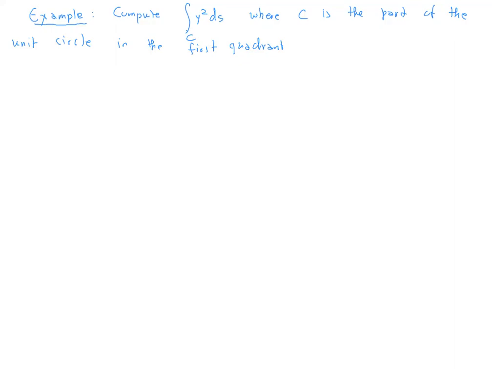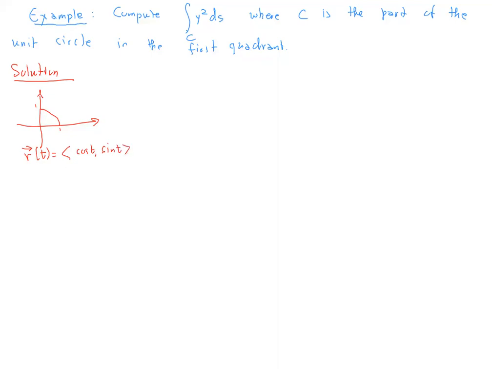Okay, so let's take a look at the solution of this. Let's draw our path. It's not really needed, but why don't we draw it? And the parameterization for this path, which we're going to need right away, is cosine t comma sine t.